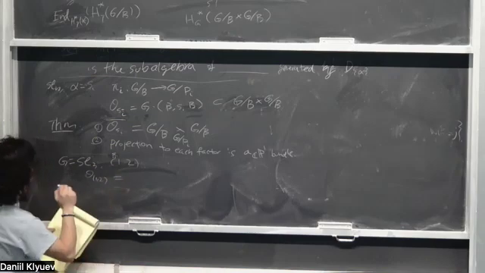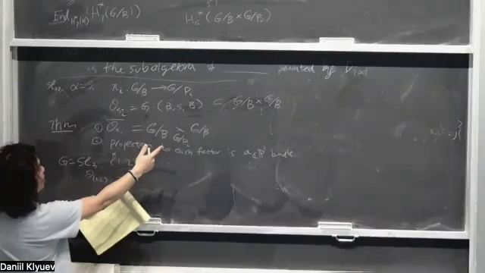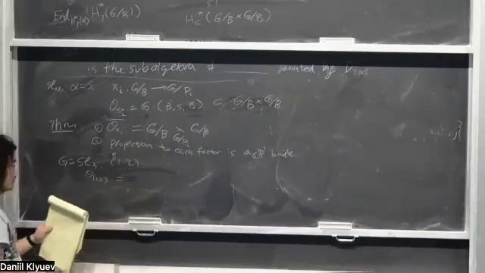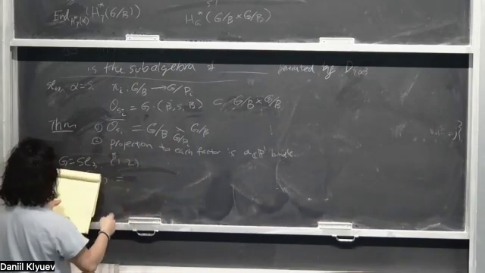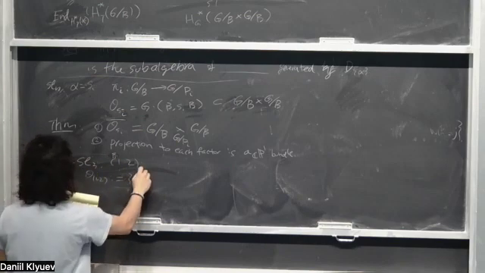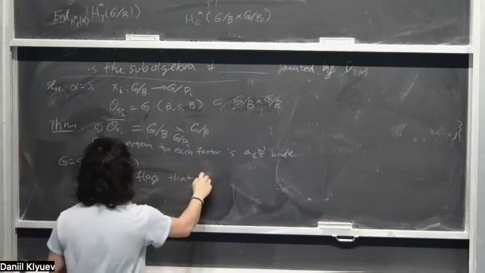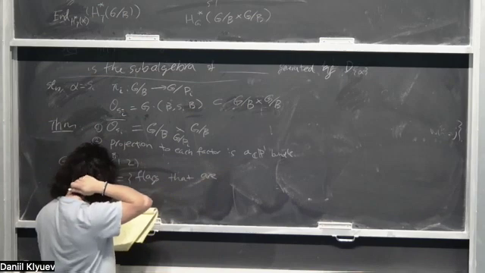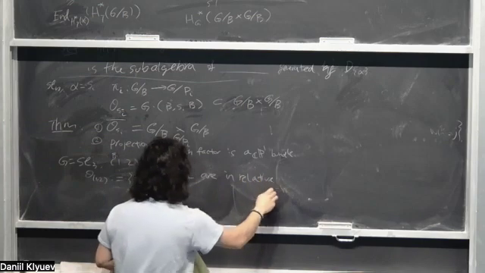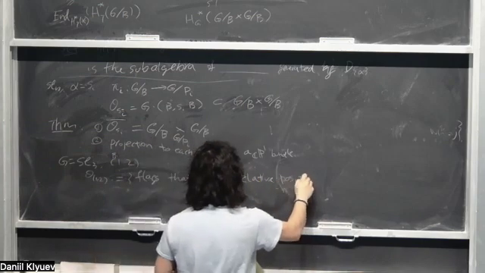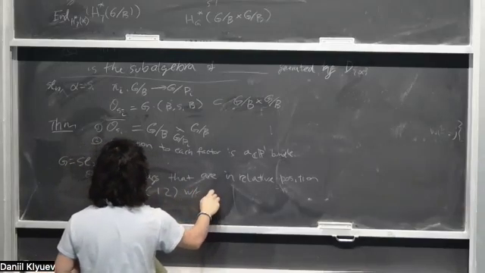I will write down what I wrote in my notes and see if it makes sense. So I guess what I'm doing is I'm fixing the first one into just the standard flag. So it should be corresponding to flags that are in relative position 1, 2 with respect to the standard flag.